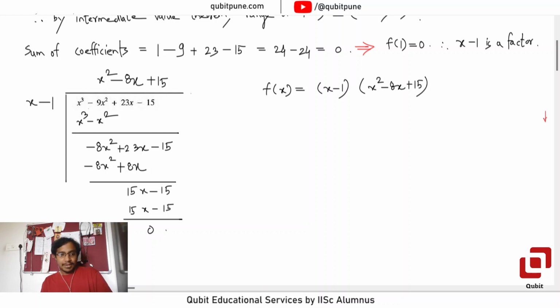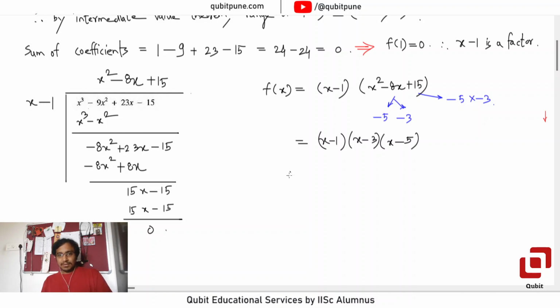It's not very difficult to see that negative 8 can be split into negative 5 and negative 3, and so is the product. That's exactly what we need when we look for factors. So we can write f of x as x minus 1 into x minus 3 into x minus 5. Is it clear?